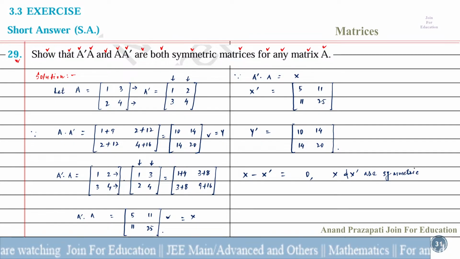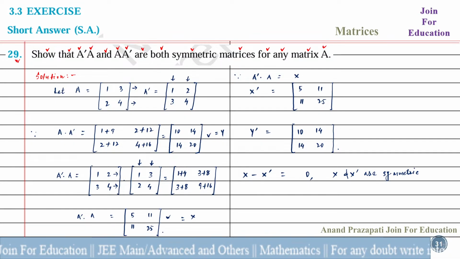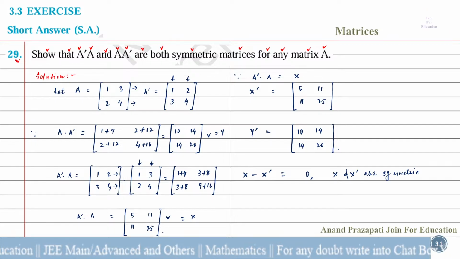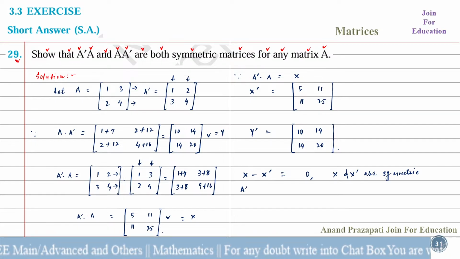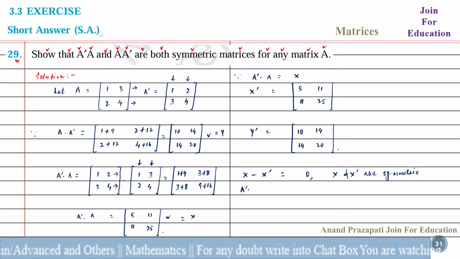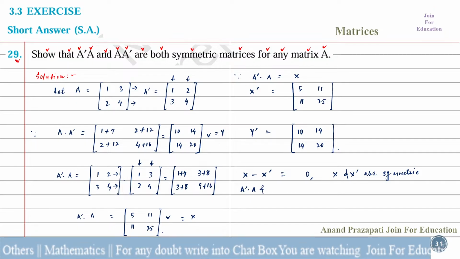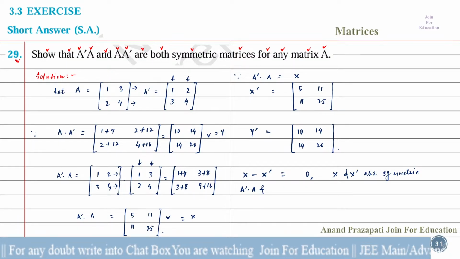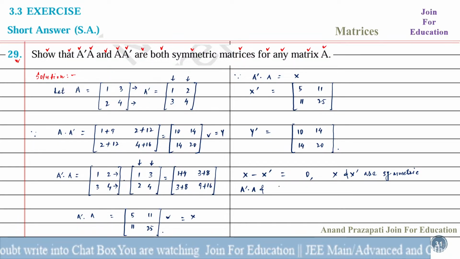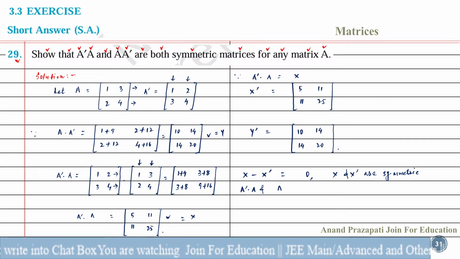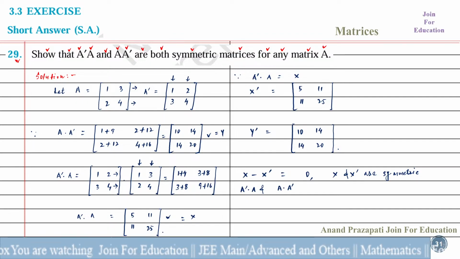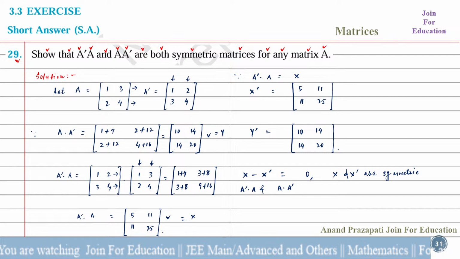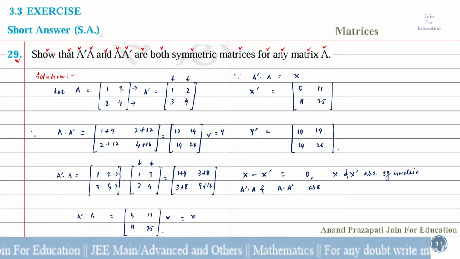And X equal to what? X equal to transpose of A into A, and X dash equal to transpose of this one will be A into transpose of A, therefore here will be what? Symmetric.